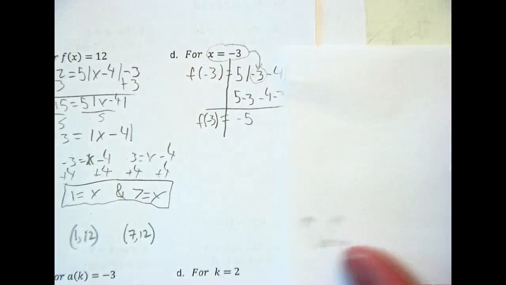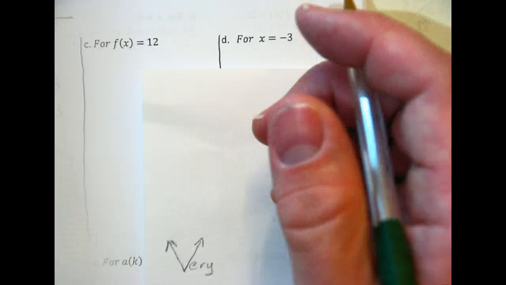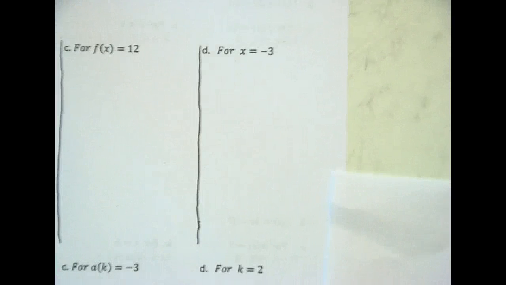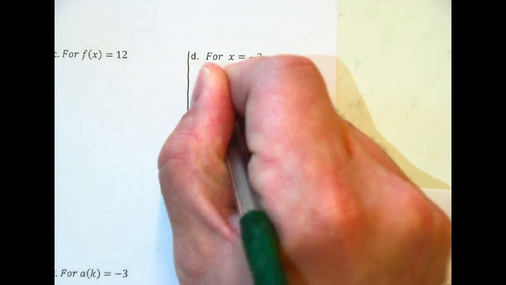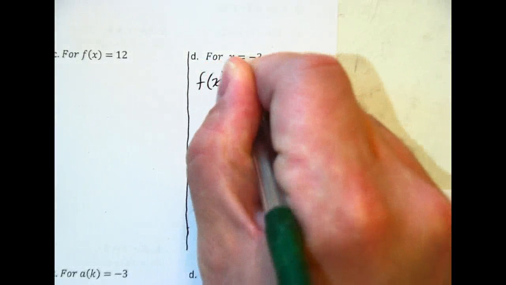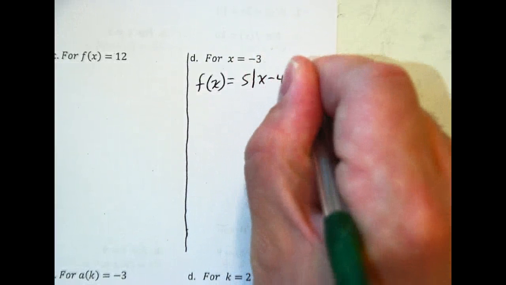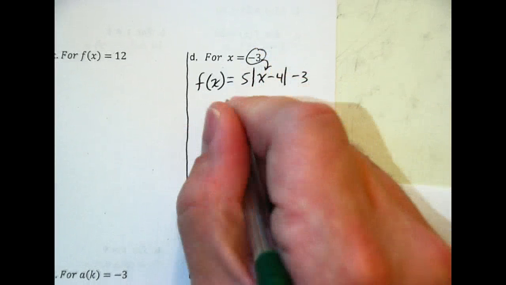Let's go from here. I'm going to write it up here. Thank you, Ryland. Good job, though. We got f of x equaling 5 times the absolute value of x minus 4, all minus 3. So check out what we did. We plugged that piece in there, which Ryland had perfect.